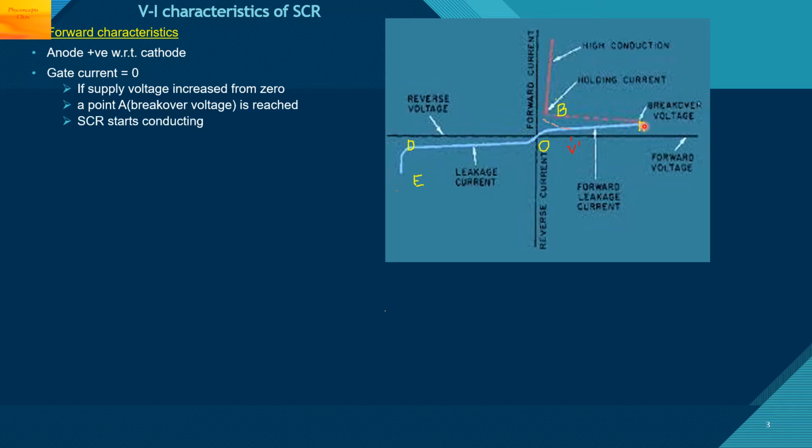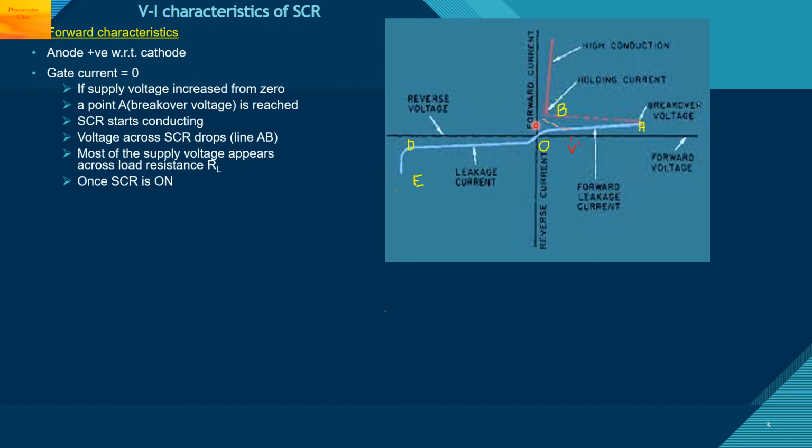The SCR starts conducting. Voltage across the SCR drops, so that is indicated by this dashed line, line AB. And the SCR turns on. Current is restricted only by the load resistance RL.